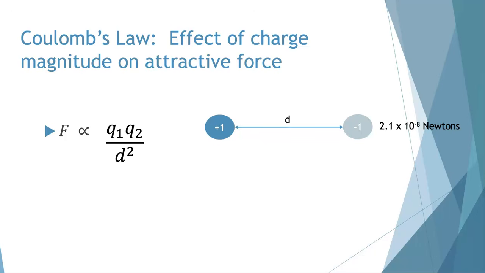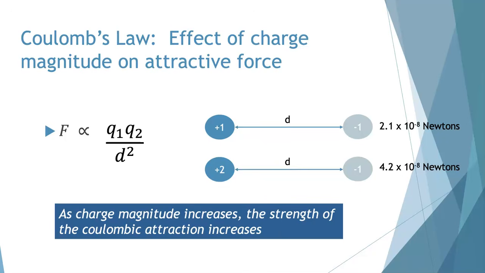We don't have to do calculations, we just need to know this conceptually. What we see is that when we have a +1, -1 charge, there's a certain force of attraction. When we have a +2 charge for the cation and a -1 charge for the other species, notice that the charge doubles. What I really want you to take away from this is that as the charge magnitude of the interacting particles increases, the strength of the Coulombic attraction between those two particles also increases.